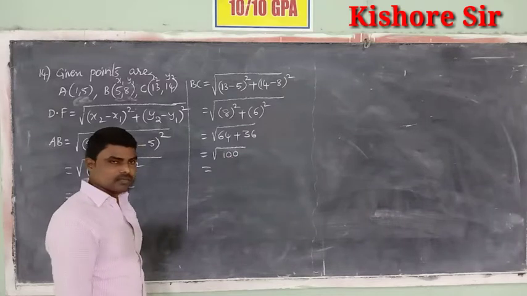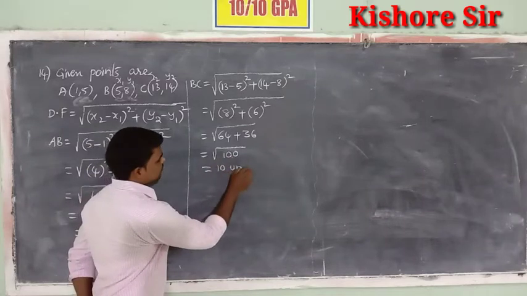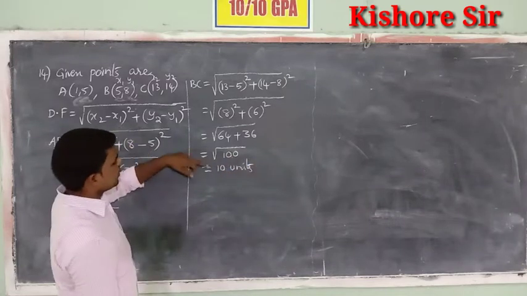Root 100 is 10. So the distance between B and C is 10 units.